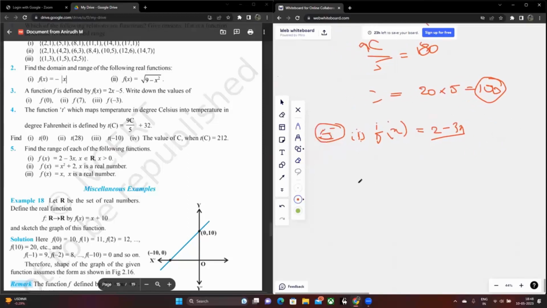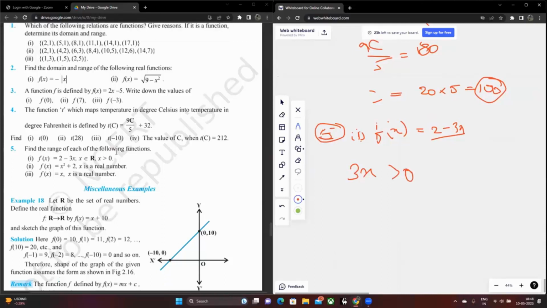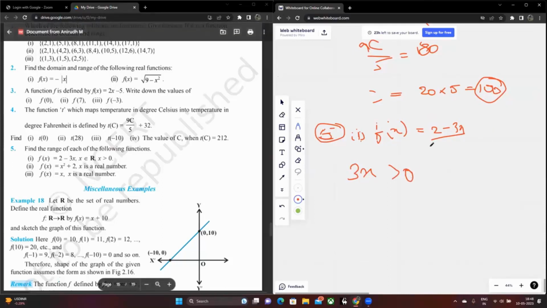So this is 2 minus 3x, right? First of all, 3x is always greater than 0 because x is real and x is greater than 0. It cannot be equal to 0, never. I'll go step by step. This is a minus, and if you multiply a minus to an inequality, the inequality flips. So if 3x is greater than 0, then minus 3x is less than 0.